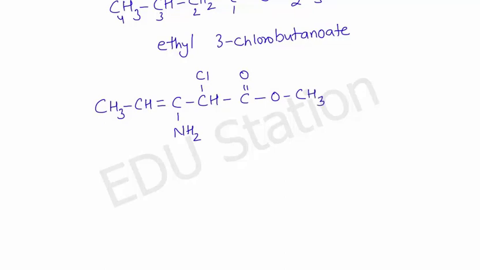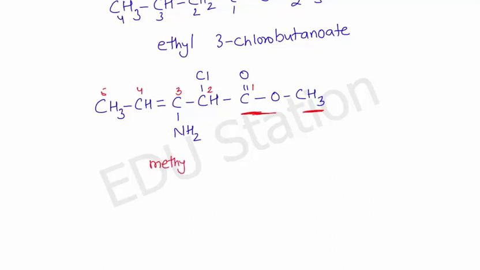Now you should be able to identify that this is an ester, and the end part is coming from an alcohol. This part is coming from an acid. Acid is preferred, so 1, 2, 3, 4, 5. So we can simply say the C double bond O of the ester will be taken as 1.